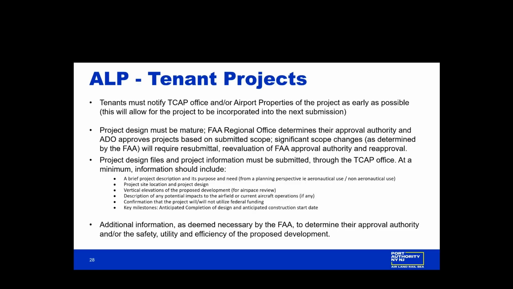The next one is probably not happening a lot for tenant projects. We're going to ask if this project is using federal funding. And last, we ask for your key milestones: your completion of design date, your anticipated construction start date, and construction duration.